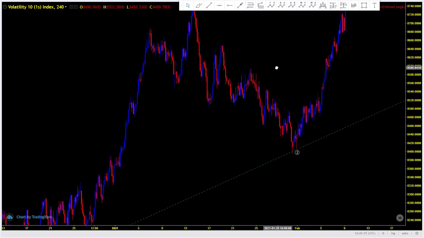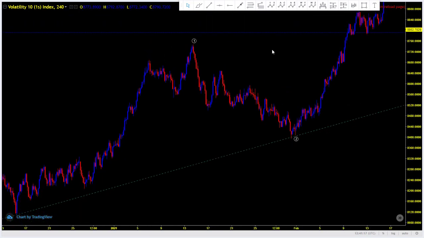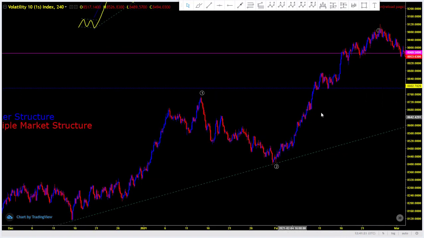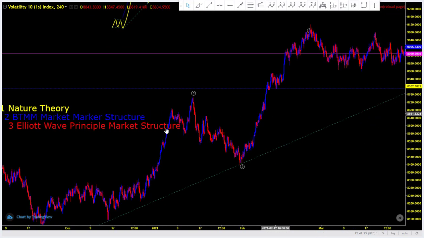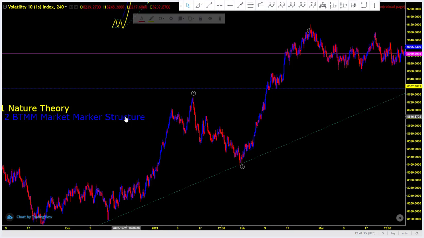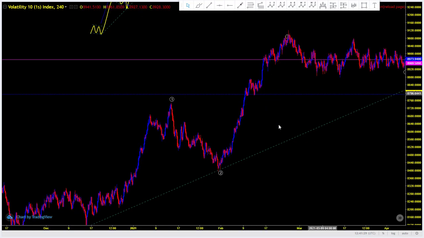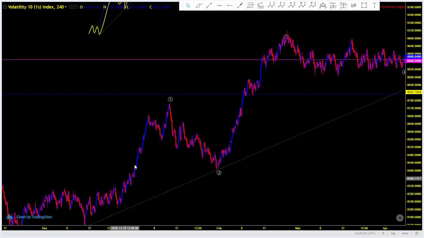Here I'm looking at V10S. Let me just squeeze the price a bit. So if you look, it's just a quick look here, you can see that the market has given us an impulse move here.